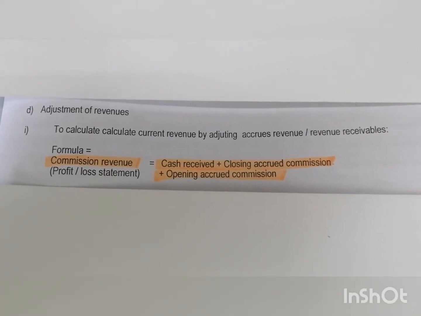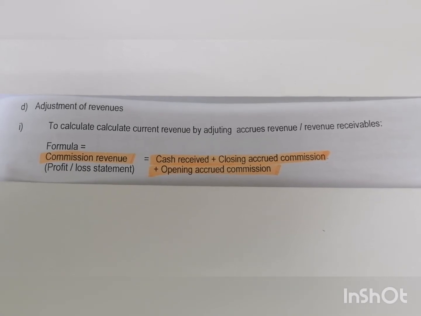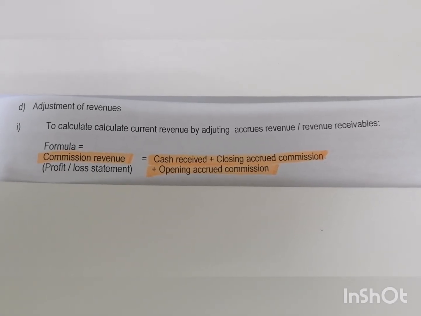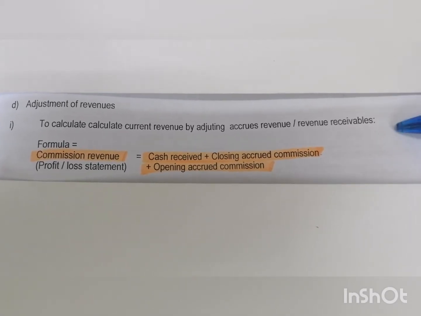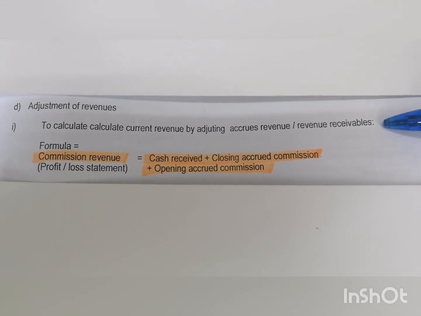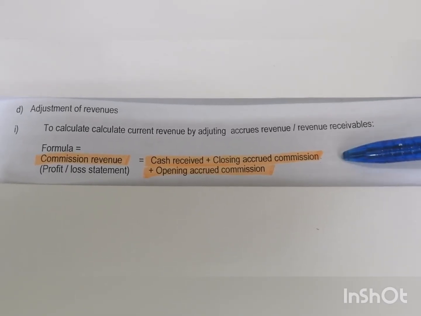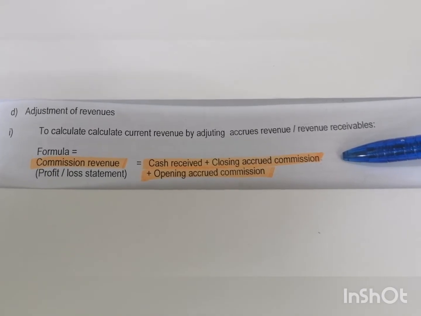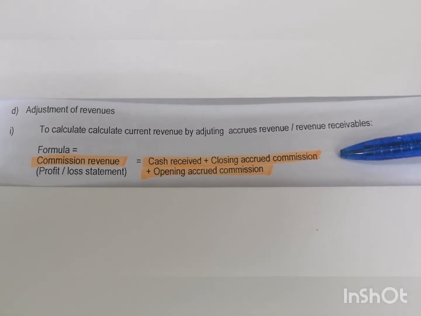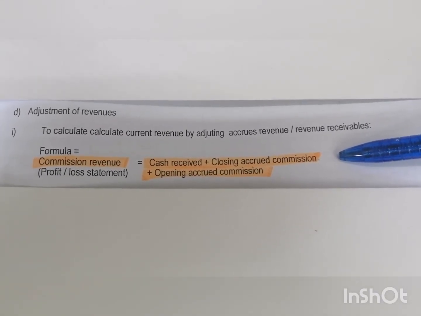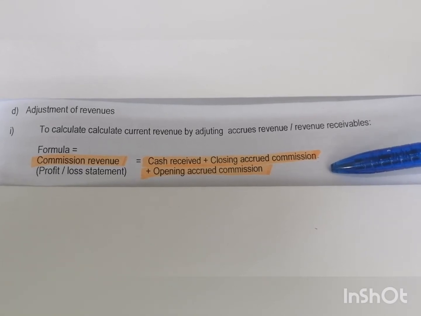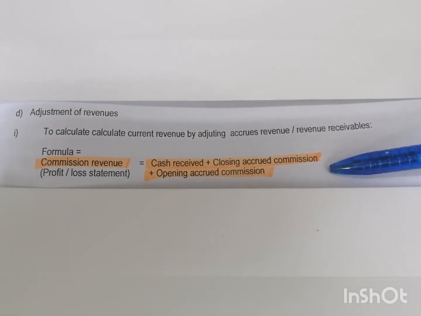Now look at the adjustment of revenue. This is to calculate the current revenue by adjusting the accrued revenue or revenue receivables. The formula is: commissions receivable equals cash received plus closing accrued commissions plus opening accrued commissions.